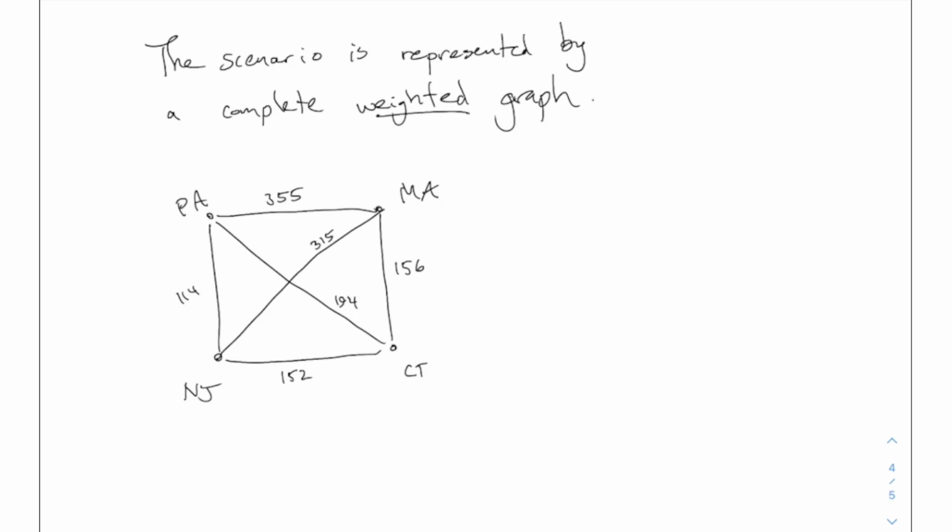All right? This is what we call a weighted graph. And those numbers are the weights. In this particular problem, they represent distances, but in other problems, they might represent time or cost. It's something that you want to minimize.